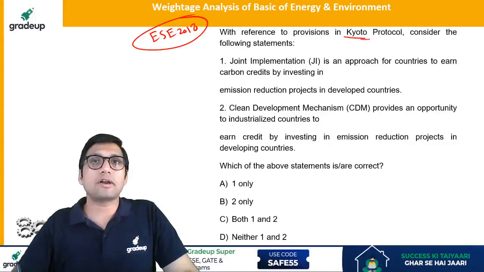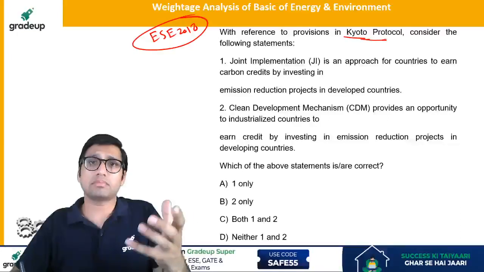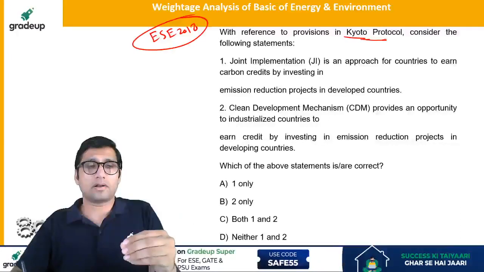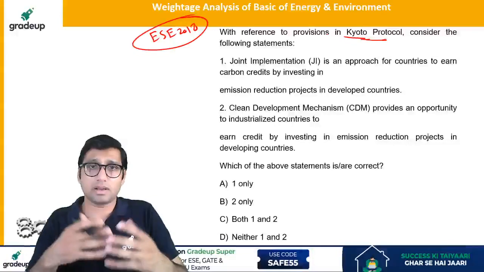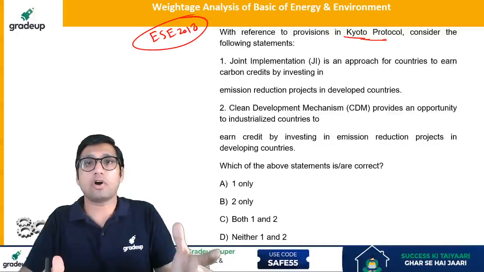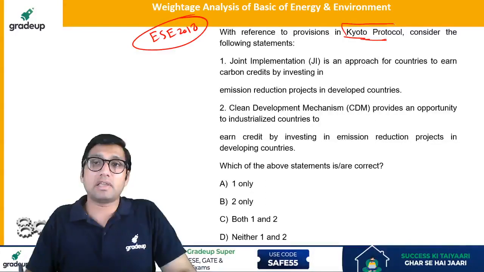This is part of the topic of climate change and its effects. The Kyoto Protocol is related to controlling the harmful effects of climate change, because climate change can cause global warming and ozone depletion. Under it, they have given different rules which have to be followed.